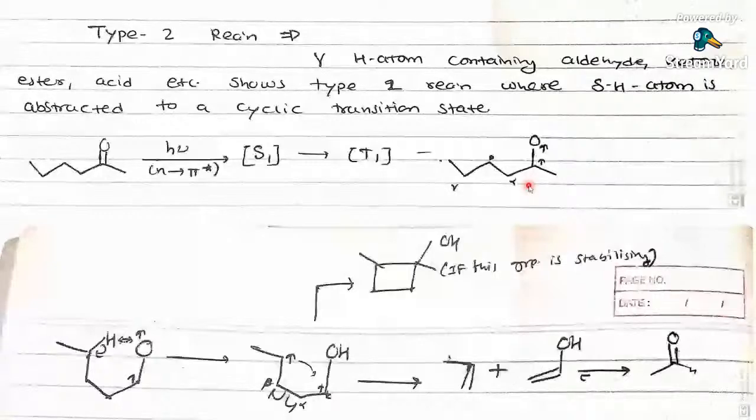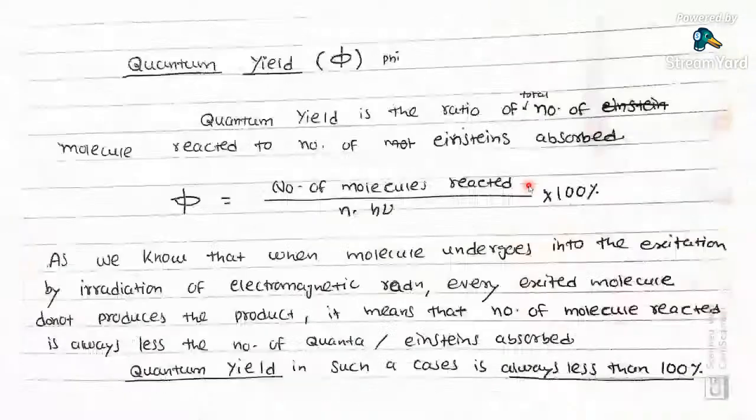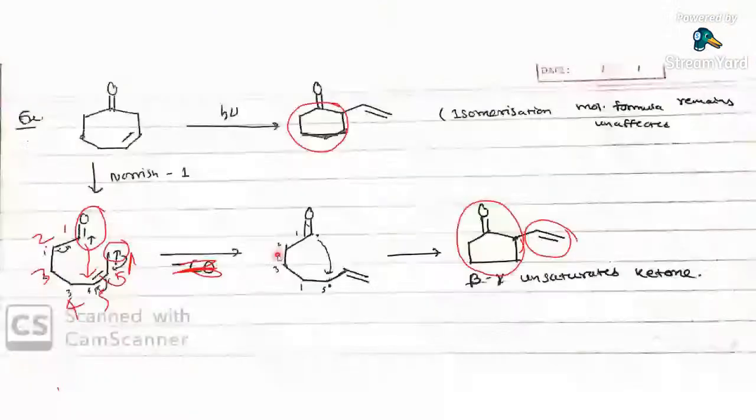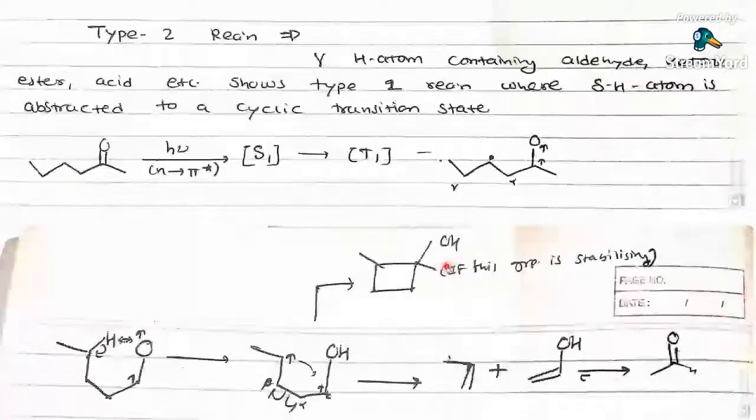Now this is the Norrish type 2 reaction. We have seen Norrish type 1, which is the alpha cleavage reaction, as a result of which we get the unsaturated aldehyde, the cycloalkane, and the ketene. And we have seen this example for Norrish type 1. Now, Norrish type 2 reaction.